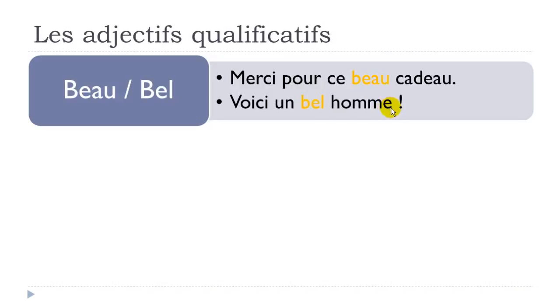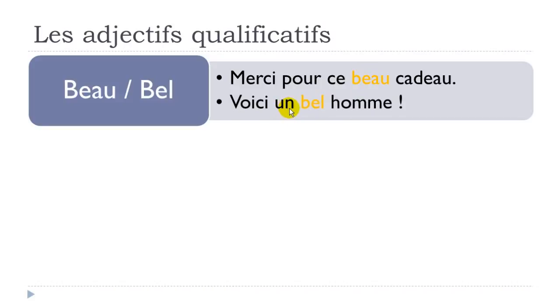The reason is that it starts with the sound O, because if you remember carefully, H is not pronounced, so H doesn't exist phonetically. And for aesthetic reasons, we tend to think that if we had beau and then homme, we would get voici un beau homme.